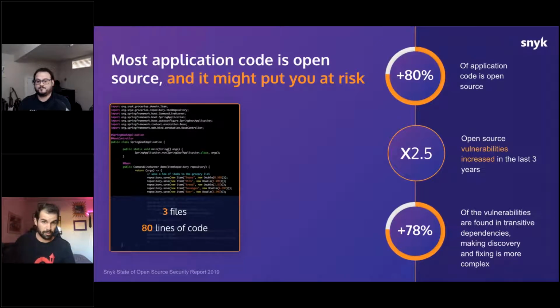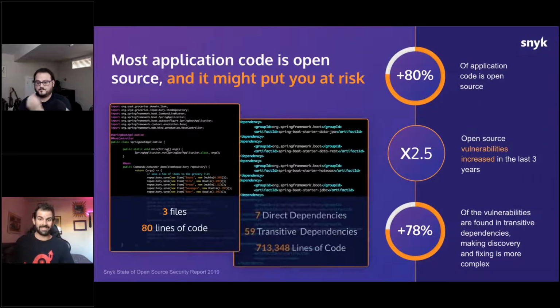It consists of 3 files, 80 lines of code, and I am declaring in this application that I want to use open source dependencies. And what I need to remember is that if I declare a certain number of dependencies, I declared 7 dependencies in this application, those dependencies also have dependencies. So by declaring 7 dependencies, I'm really introducing into my code base 59 additional dependencies on top of those 7.